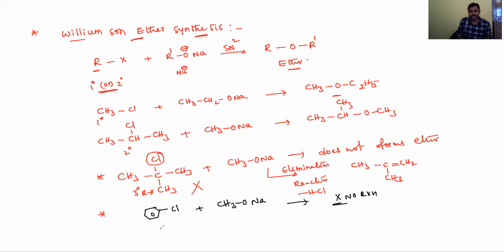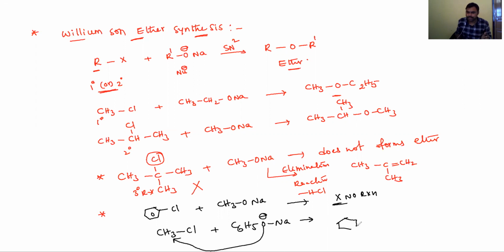Otherwise, reverse it: CH3Cl reacts with C6H5ONa, sodium phenoxide. This sodium phenoxide acts as a nucleophile, and the product is an aromatic ether. This is called anisole.